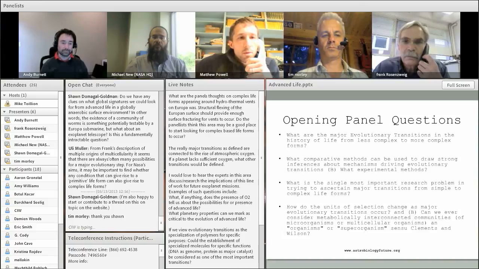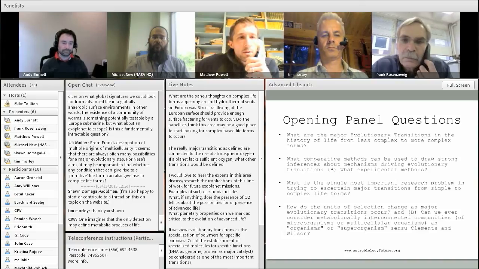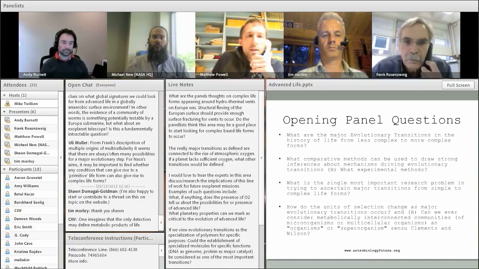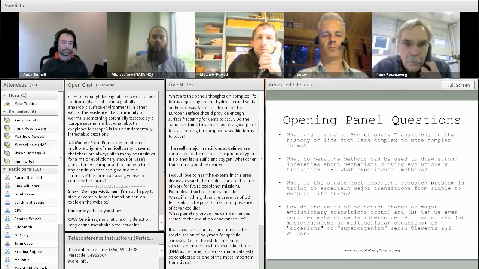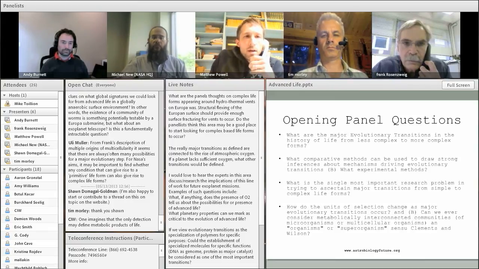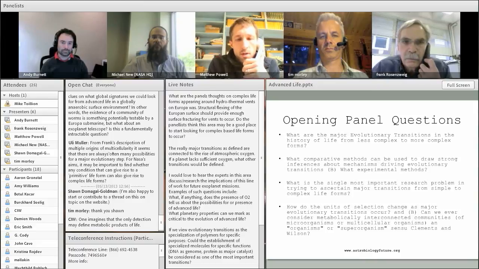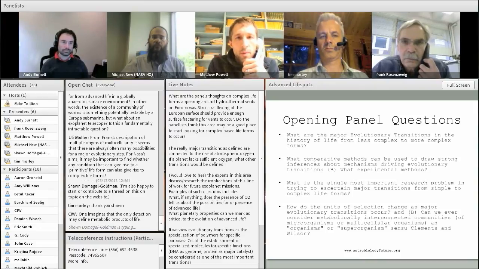I also wanted to pick up here on Uli's point, and also Eric's point, which was excellent. One thing that Uli said is there are many possibilities for a major evolutionary step, and he was referring to Frank's comment about multicellularity evolving multiple times. And it strikes me that there are also many physical environmental events in Earth history that were not accompanied by some sort of major evolutionary step.